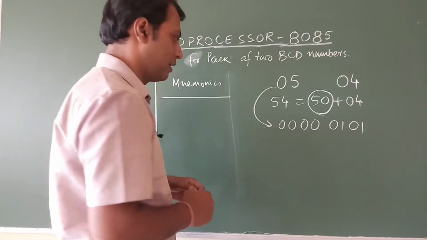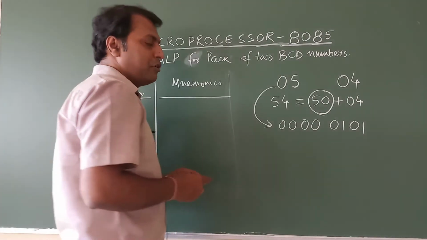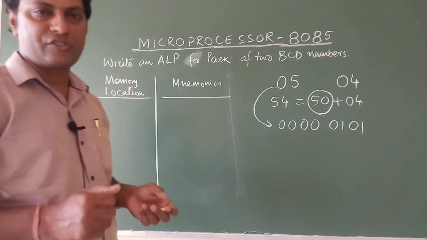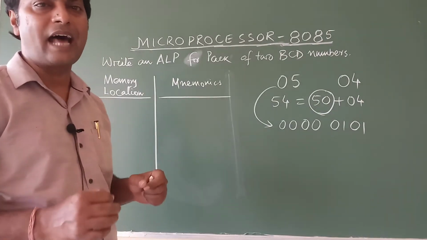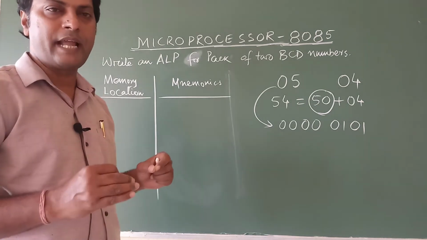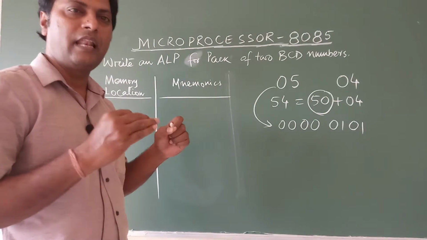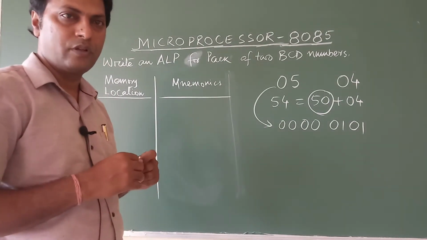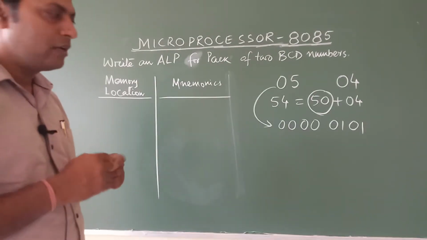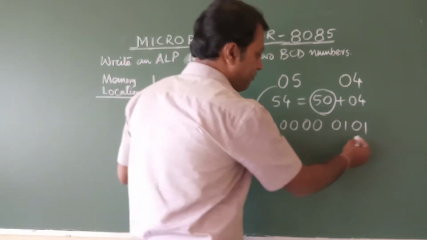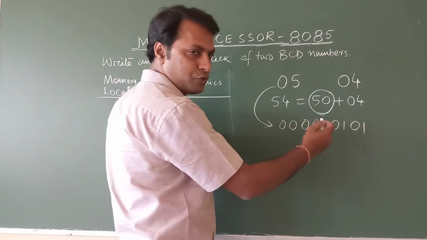Now let's check. If we use an instruction that is RLC, rotate accumulator left, then what will we do? Every bit shifts towards the left.